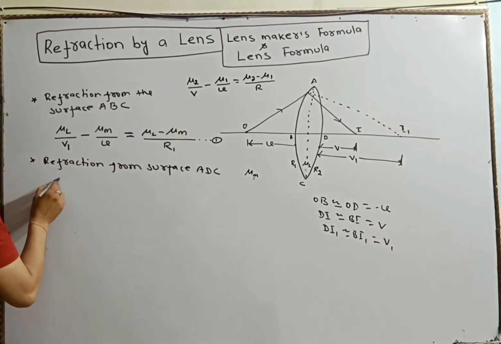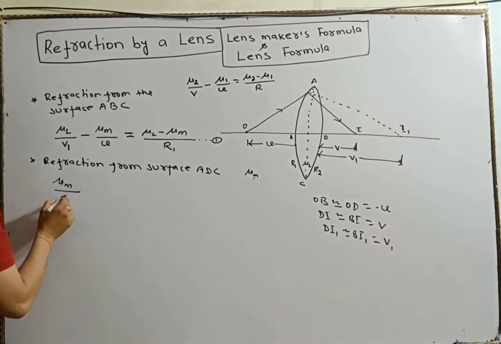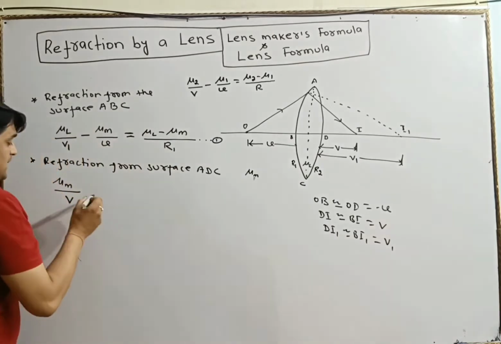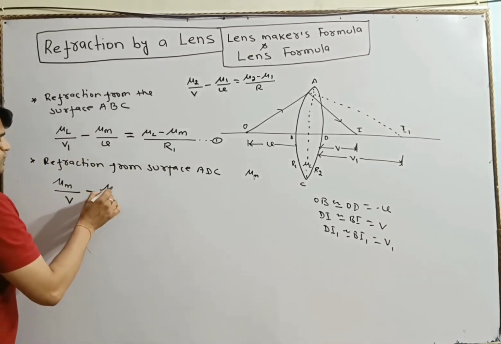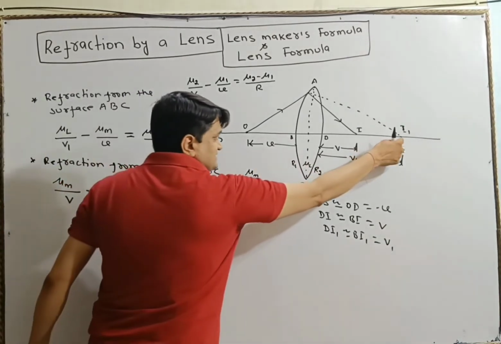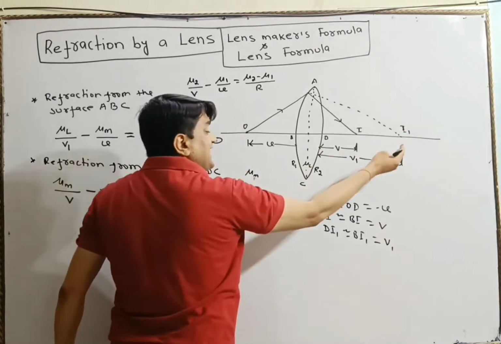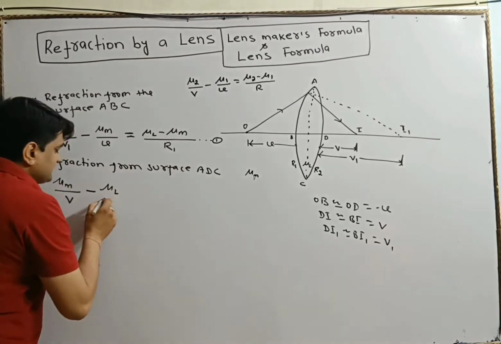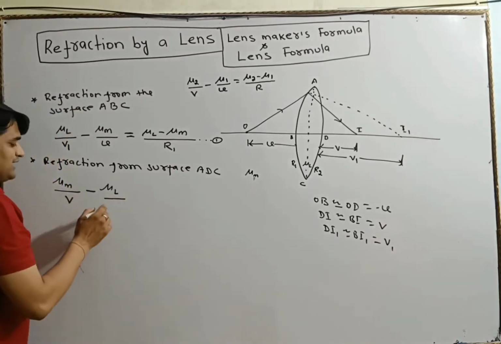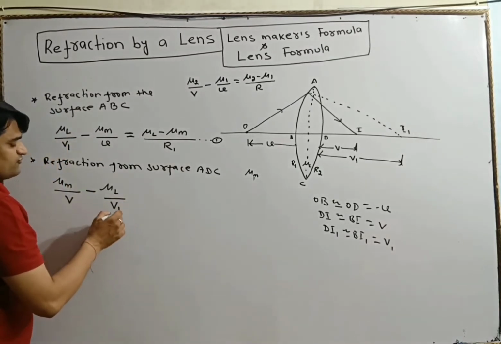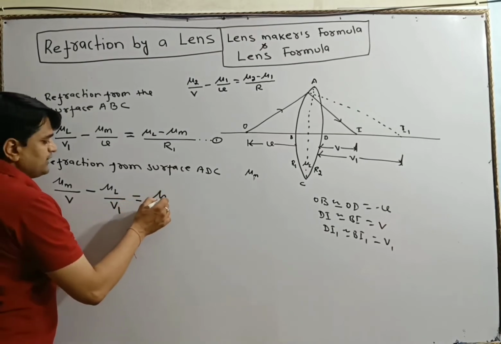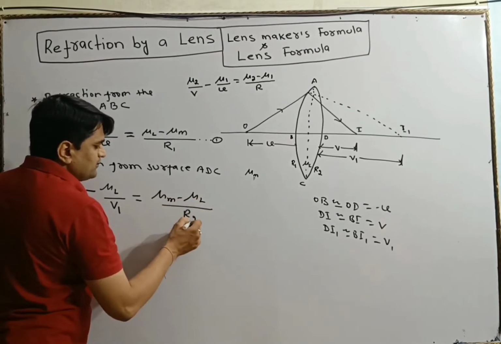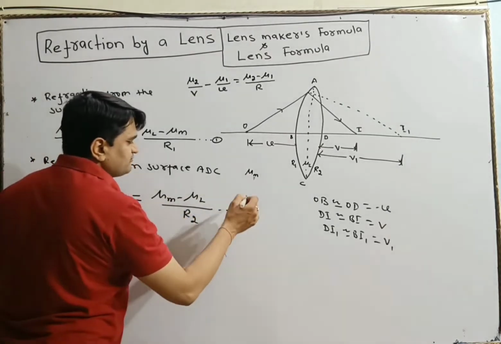So the final image is formed in mu M, and it is V. This is mu M upon V minus mu L upon V1, because this image I1 acts as an object for surface ADC, and it is in medium mu L, and its distance is V1. So it equals mu M minus mu L upon R2. Let it be equation number 2.